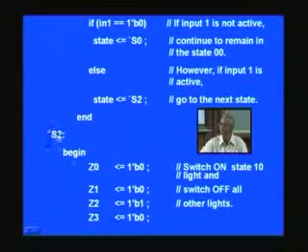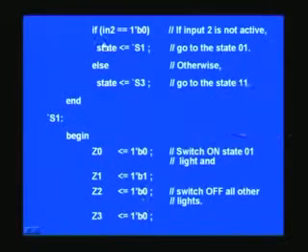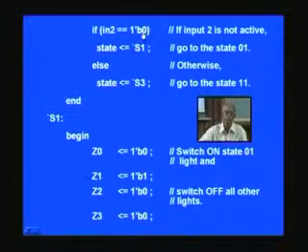In S2 state, it is precisely the same, except that Z2 is lit here. And in this case, we need to inspect in2, and if it is 0, we go to the next state, which is S1 here. Otherwise, we go to another state S3.